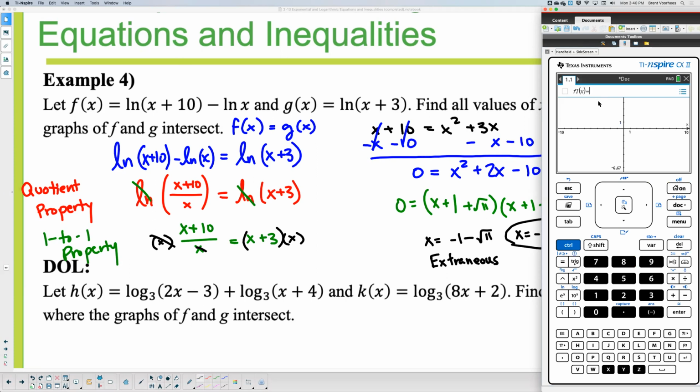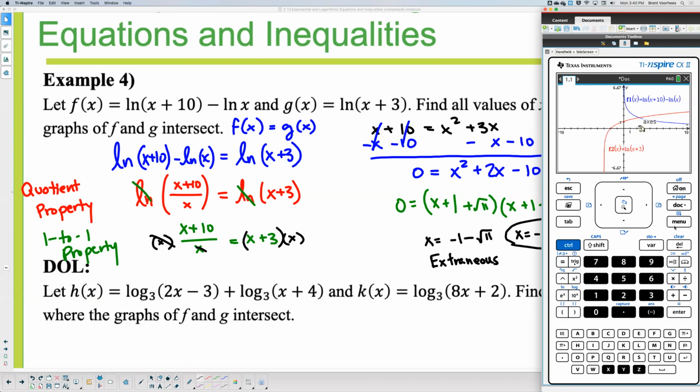So the first one, function f, is the natural log of x plus 10 minus the natural log of x, and then f2, which will be our g of x, is the natural log of x plus 3. And if you notice, our function g is a logarithmic growth, function f is decay.